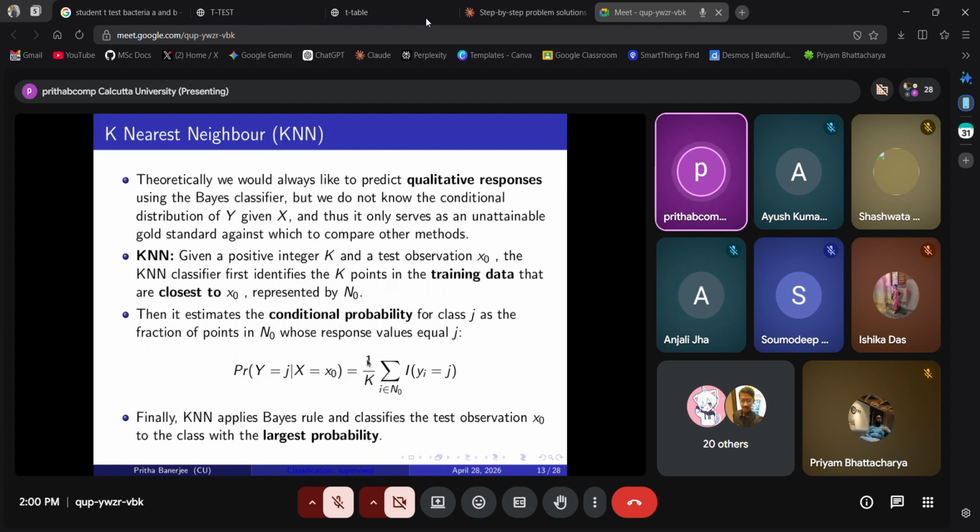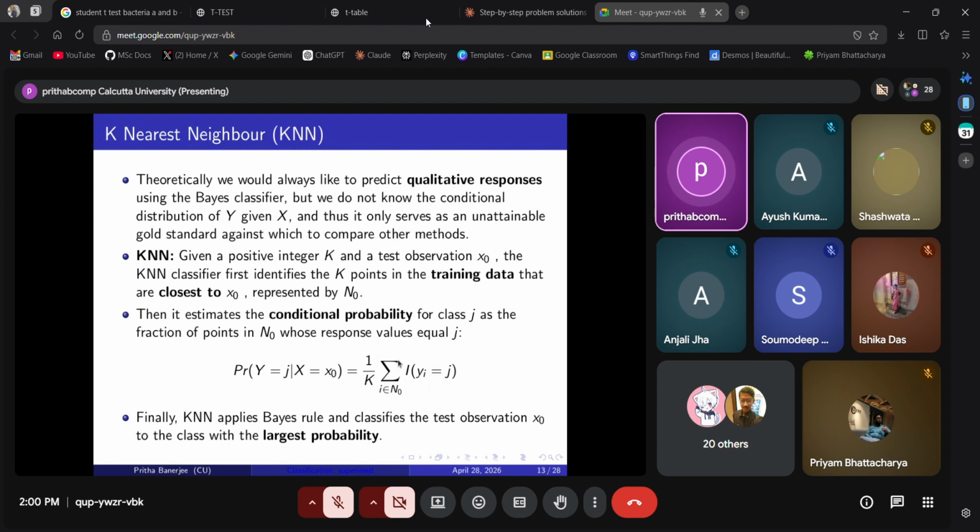So it is 1 by k times the summation of I, which is again an indicator variable, meaning that the label of yi is j for those neighbors. For all those neighbors where the label is j, those are summed and divided by k. So it is a kind of average.